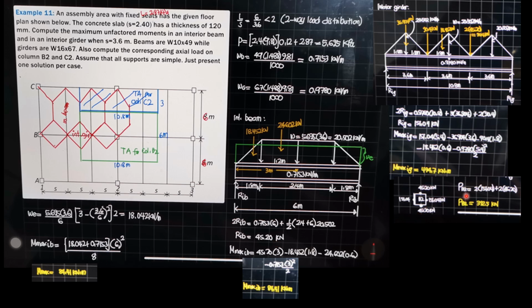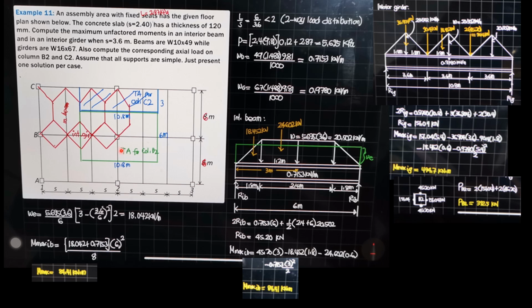So the axial load in column B2 is 2 times 151.04 plus 2 times 45.20, and we'll get 392.5 kilonewtons. So that's the axial load on column B2 based on the transmitted reactions.